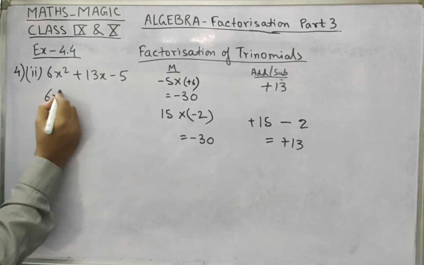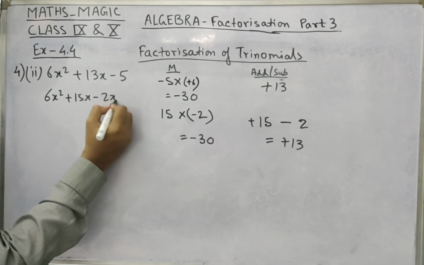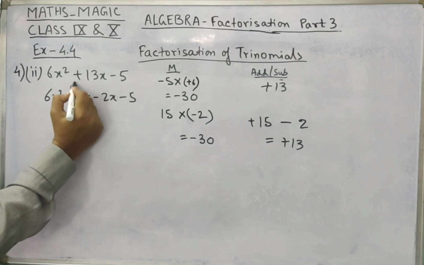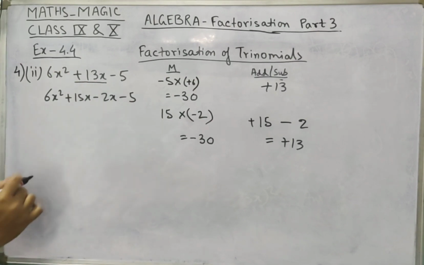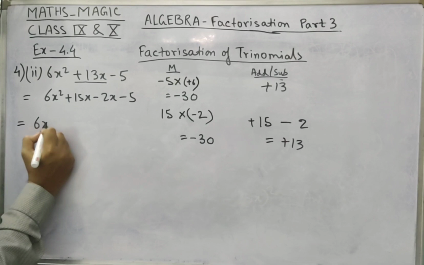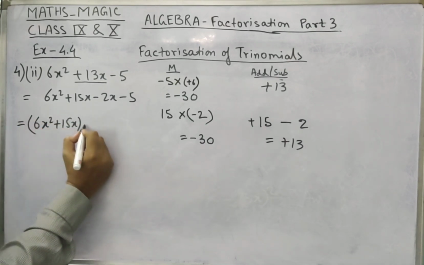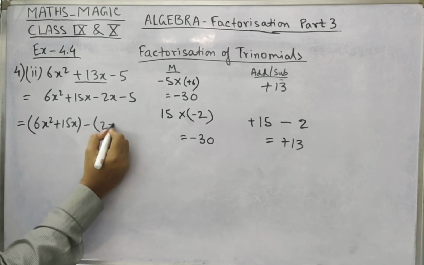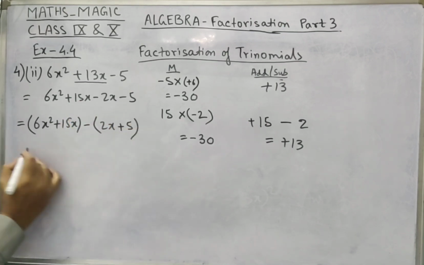So 6x squared plus 15x minus 2x minus 5. So this one, I broke this one into 2 terms. So now you can group them, or you can do it directly. So let us group this one. Since minus is outside the bracket, sign will change.